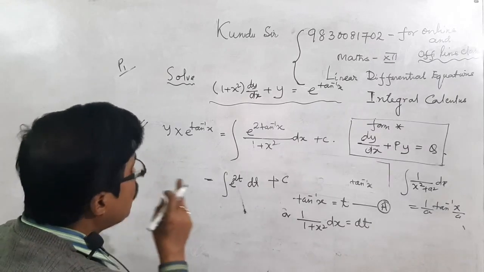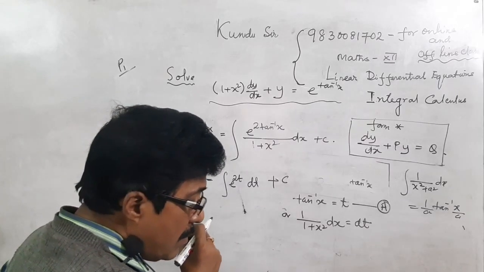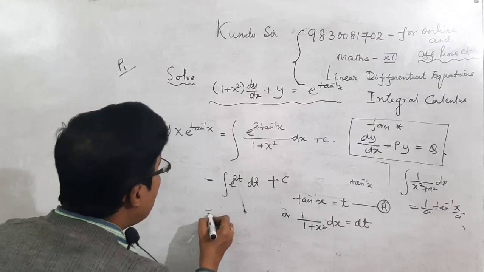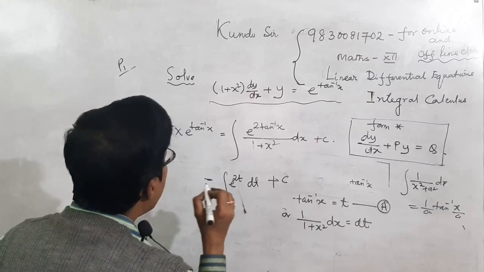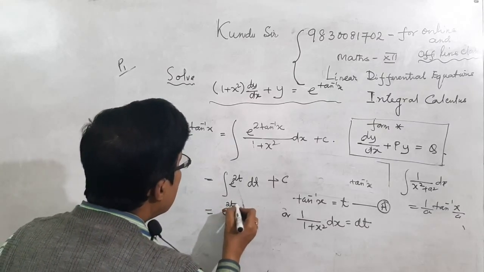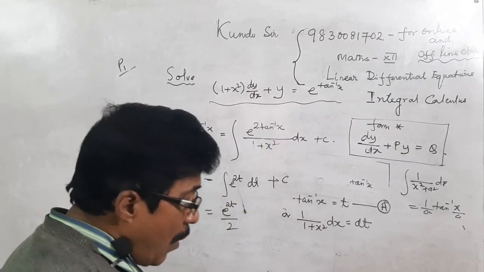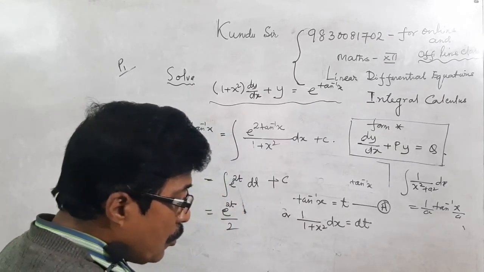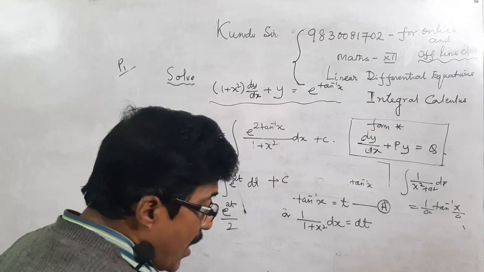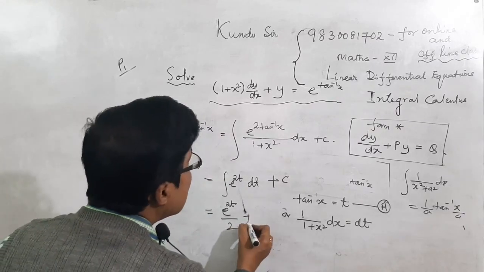So the integral of e to the power 2t equals e to the power 2t upon 2 plus c.